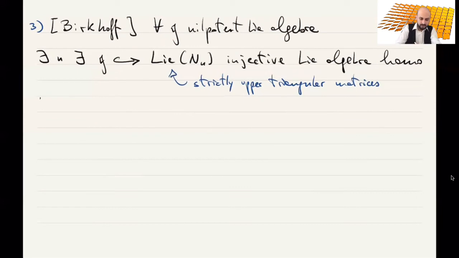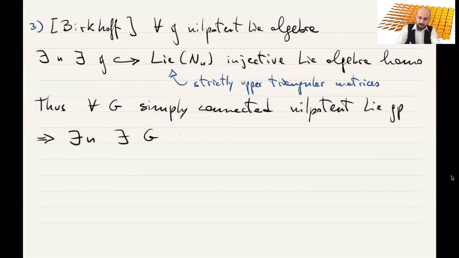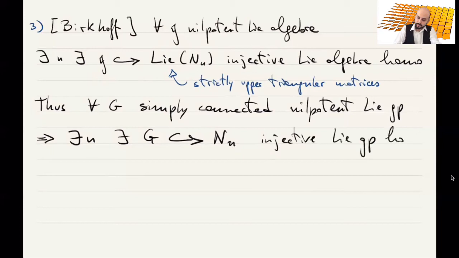As a consequence, one has that whenever we have a simply connected nilpotent Lie group, then there exists some n, and there exists a Lie group embedding into N_n, an injective Lie group homomorphism.